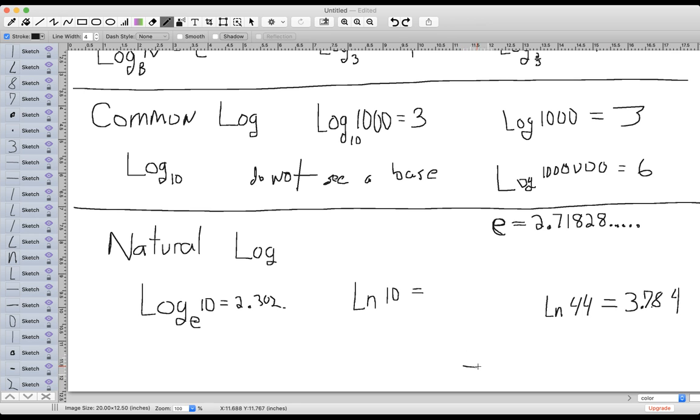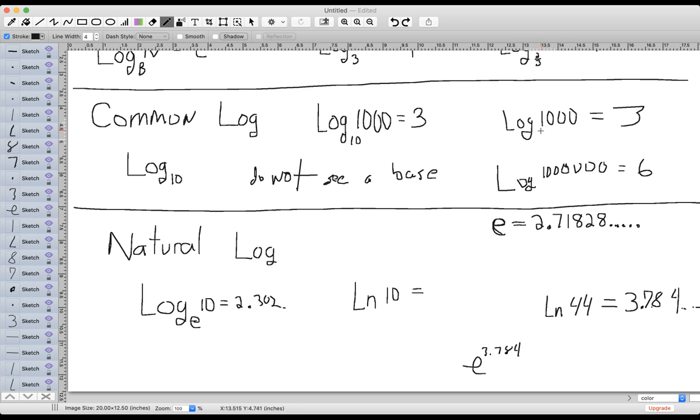So if I took e and raised it to 3.784, I would approximately get 44. Again, because this number goes on forever, I'm rounding that decimal.